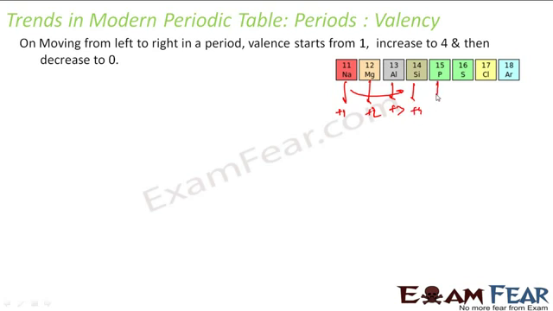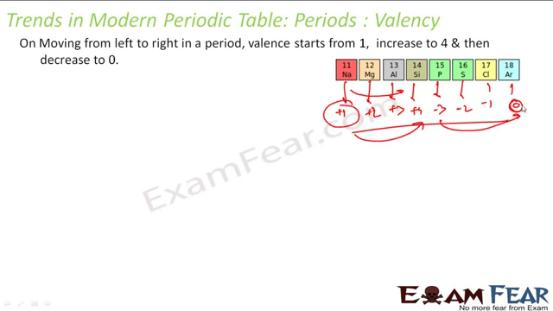Phosphorus needs 3 electrons, so its valency is -3. This one is -2, then -1. So it started from 1, increased till 4, then went back to 0, because the inert gases have a valency of 0. This is how the valency behaves: from 1 to 4, then back to 0.